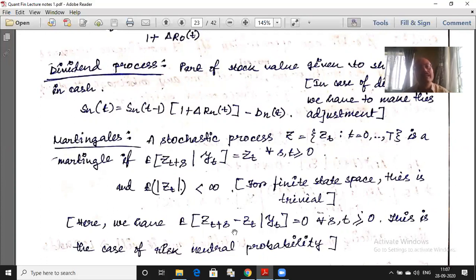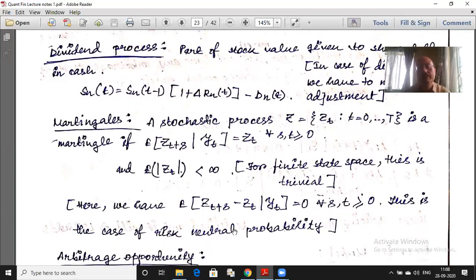So basically, now I can say that I choose my risk neutral probability in such a way that the stock prices become martingales, or the discounted stock prices become martingales. Do you see that connection?